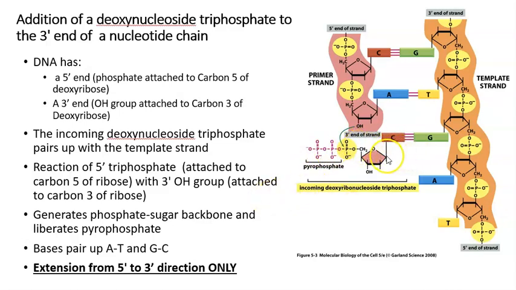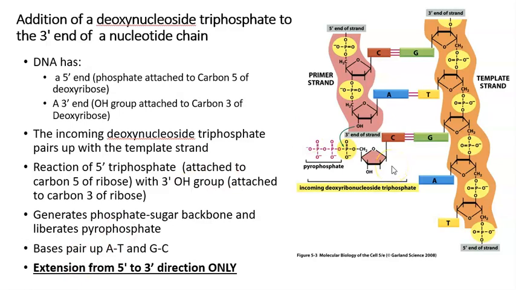On the third carbon, so 1, 2, 3, there is an OH group, an oxygen and a hydrogen, and this is really important because the reaction that occurs when a new nucleoside triphosphate is added to DNA is a reaction between the 3' OH on the existing DNA reacting with the triphosphate group on an incoming nucleotide. And that bond creates a new phosphodiester bond, which is part of this phosphate sugar backbone.